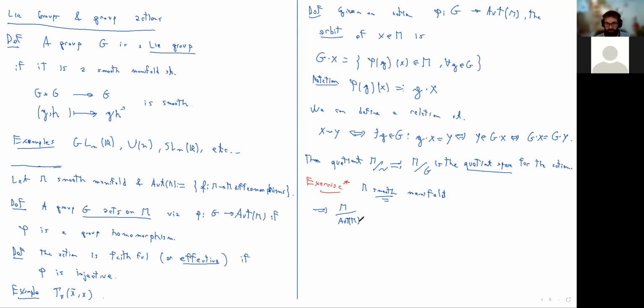So you have an automorphism, you apply the automorphism to a point. So what I'm saying here is that the action is transitive. And I didn't define what transitive means, but well, you can say that it means exactly this. So there is only one orbit, and that orbit is all of M.